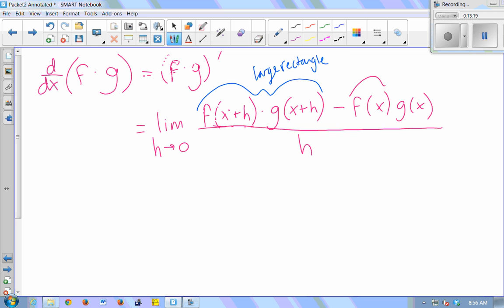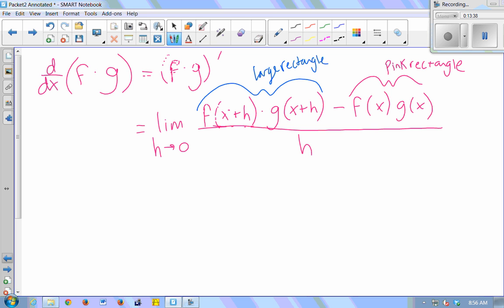This one is the pink rectangle. I'm subtracting the two, and what I'm left with are those green rectangles. So I have to add those three green rectangles together, and that gives me the difference between these two.